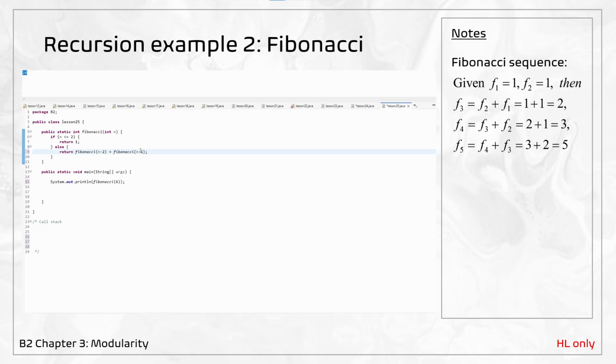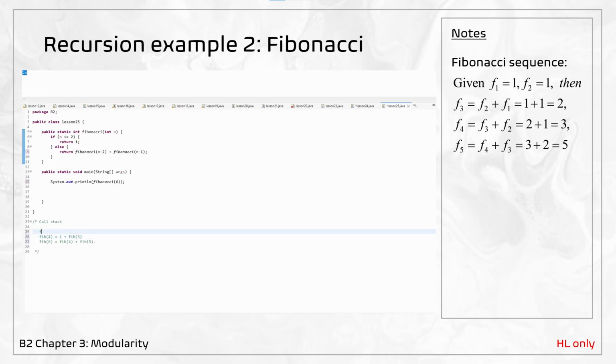Let's trace what happens when the function is called with n equals 6. So the call Fibonacci 6, let's just shorten as fib6, is equal to fib4 plus fib5. Now fib4 we can just put in the call stack, fib4 is equal to fib2 plus fib3. And we know that fib2 is just going to equal 1, so we can just put 1 over here.